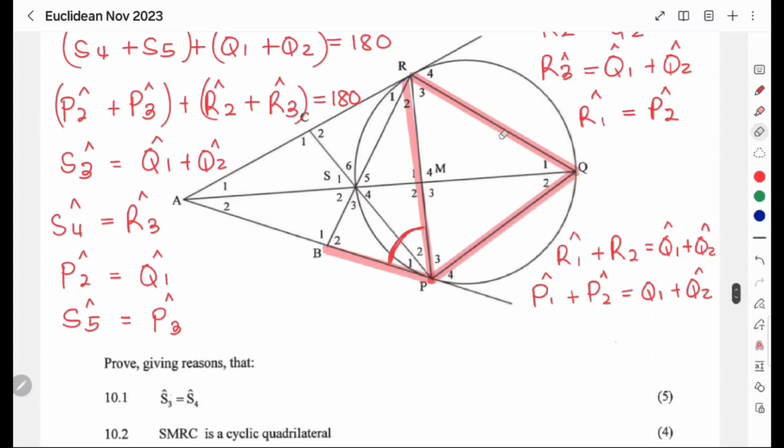In addition to this, take note that we can use the same tangent and a different chord, the chord PS, and the angle in the alternate segment will be Q2. So we know that Q2 is equal to P1, tan chord.